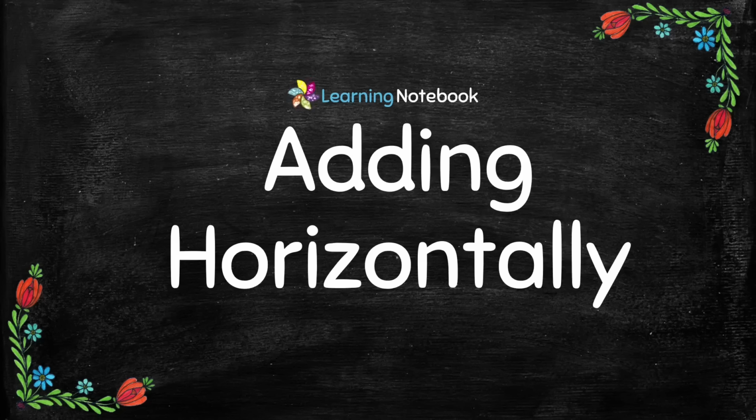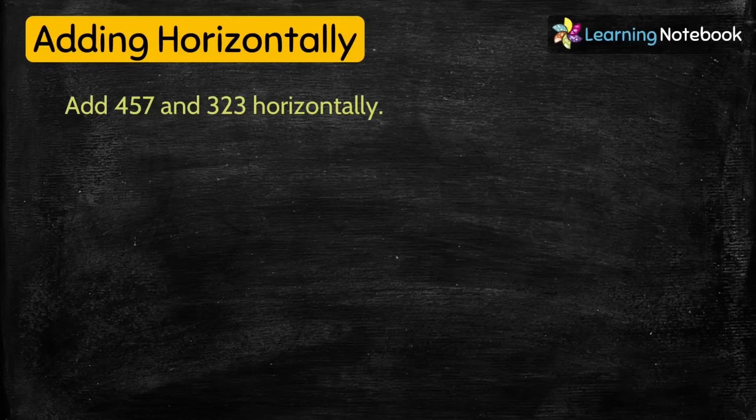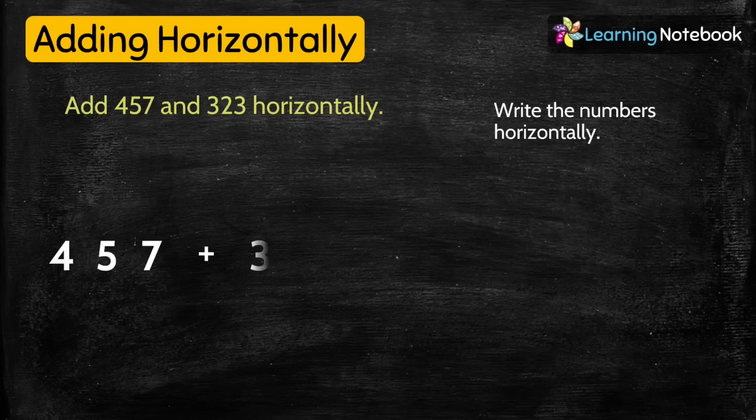Now let's learn how to add the numbers horizontally. Question is, add 457 and 323 horizontally. To add these two numbers horizontally, let's first write them horizontally as shown here.